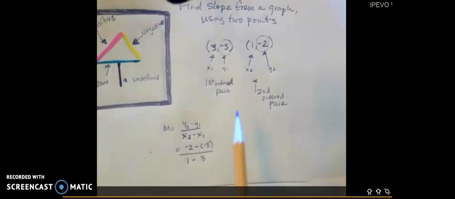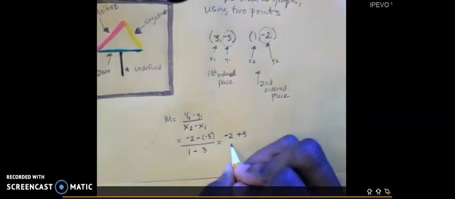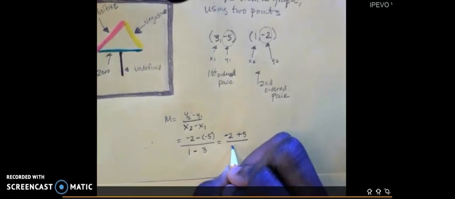So I'm going to go ahead and start to solve. This becomes negative 2 plus 5, over negative 2. Now these are just regular integer rules. So when I'm subtracting a negative, that becomes a positive. I'm going to keep my negative symbol for that first number.